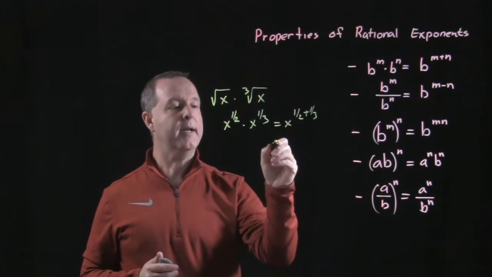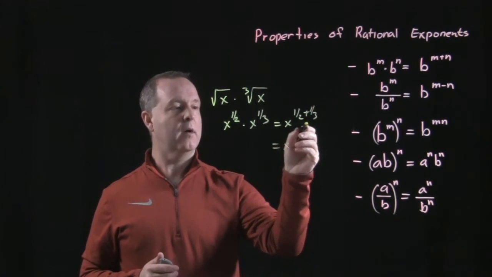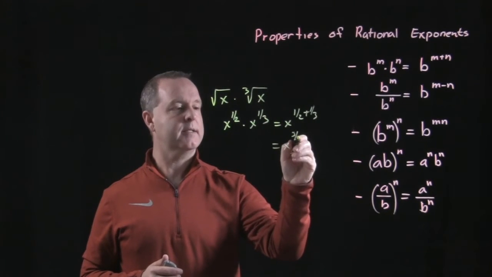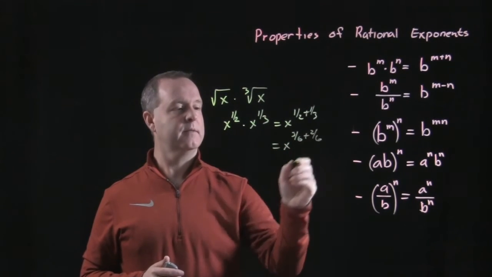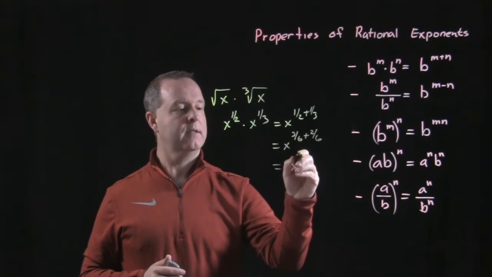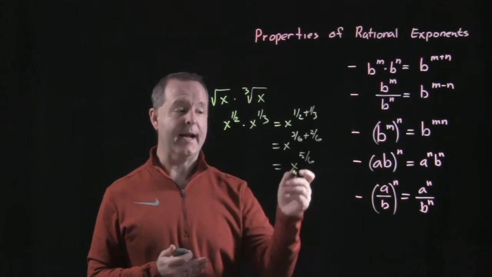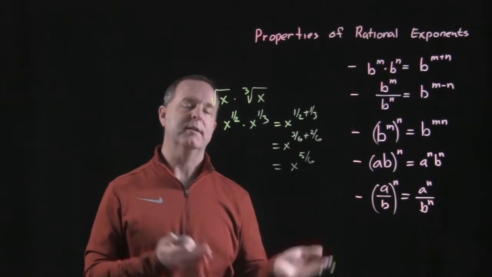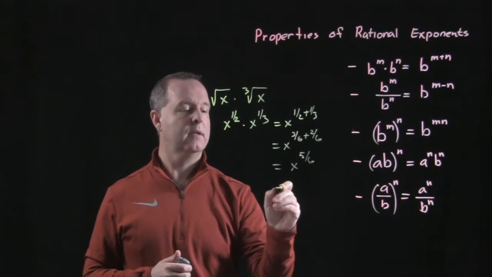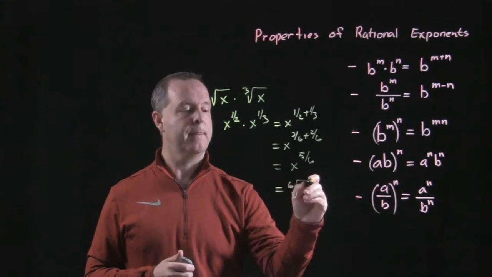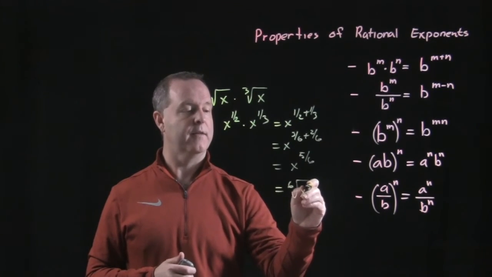Need to get common denominators. So I'm going to put over 6, so this becomes 3/6 plus 2/6 equals x to the 5/6. And now return that back. I can't simplify it any further, so let's turn it back to root world, which gives me the 6th root of x to the 5th.